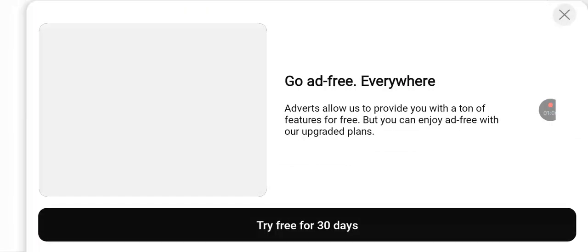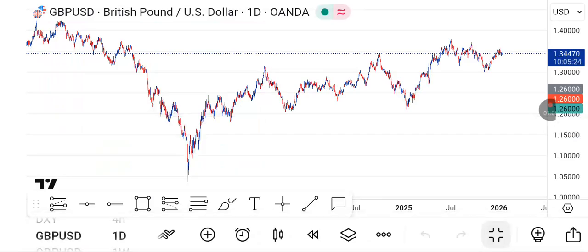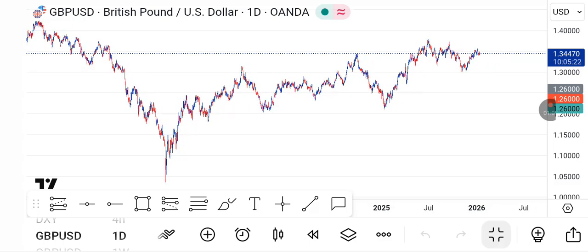Some use trend line, others use trend line with support and resistance. Some use fair value gap. Some use different kinds of tools to analyze the market. The tools I'll be using are the tools that I've mastered, that I'm using to analyze any pair.